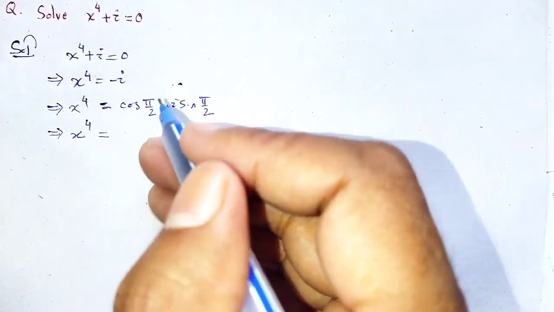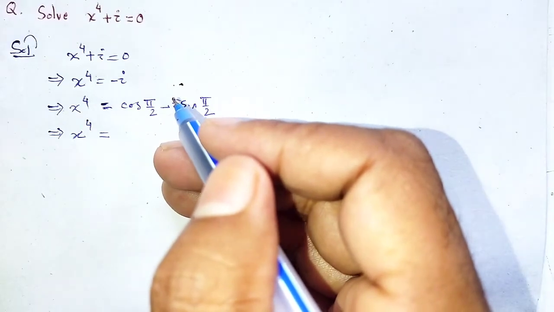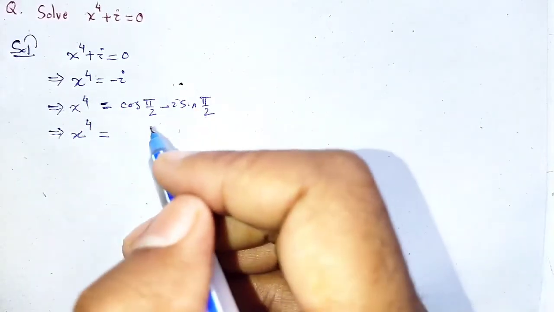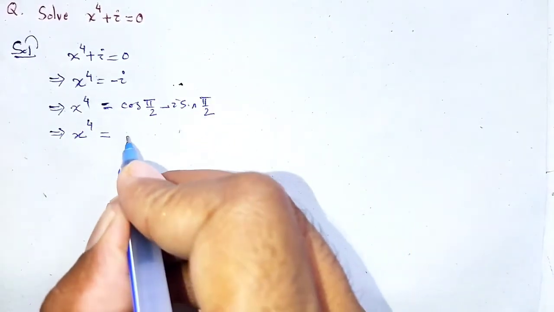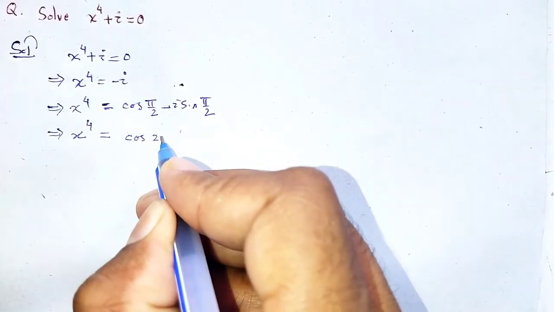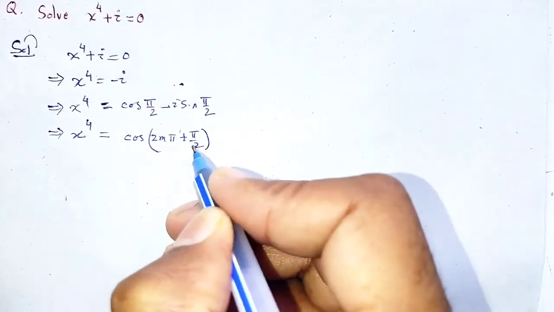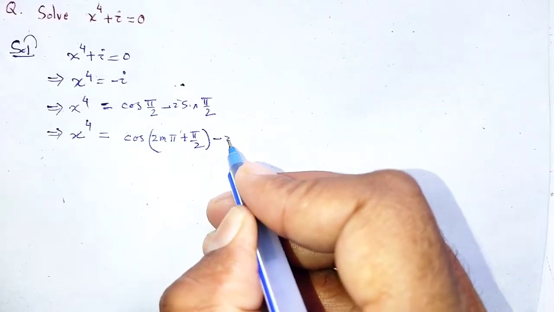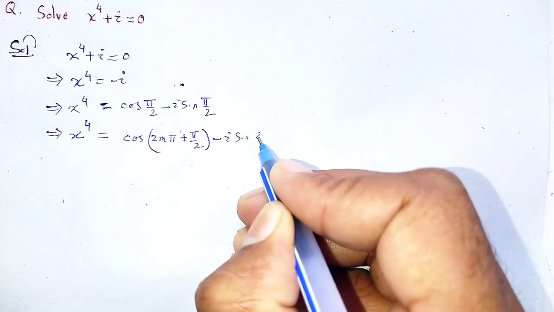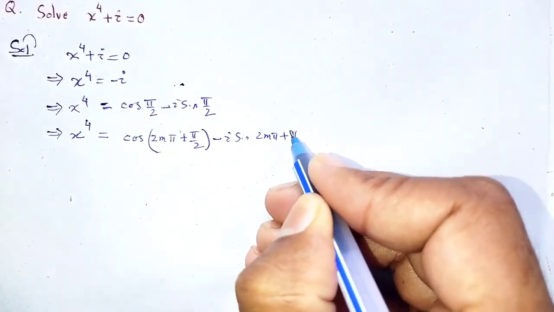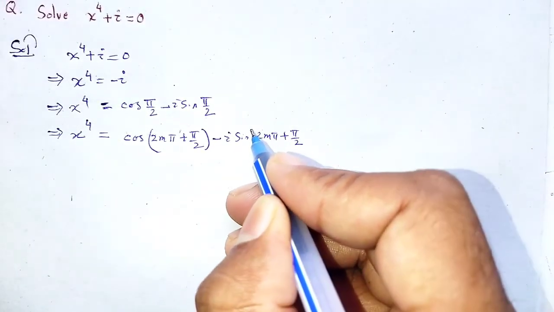Now, we have to use the formula to derive the n roots of that complex number. So, we introduce cos (2m pi plus pi by 2) minus i sin (2m pi plus pi by 2), where m is an integer.